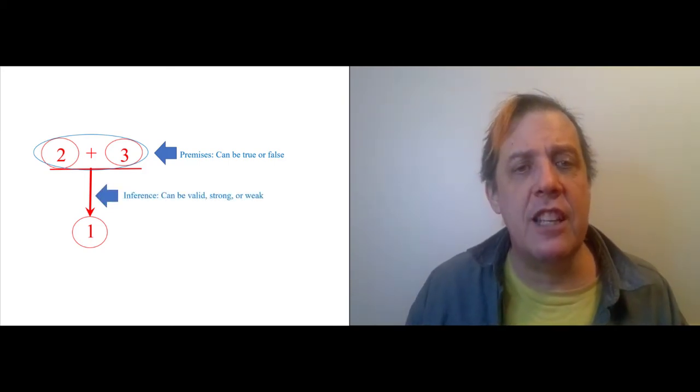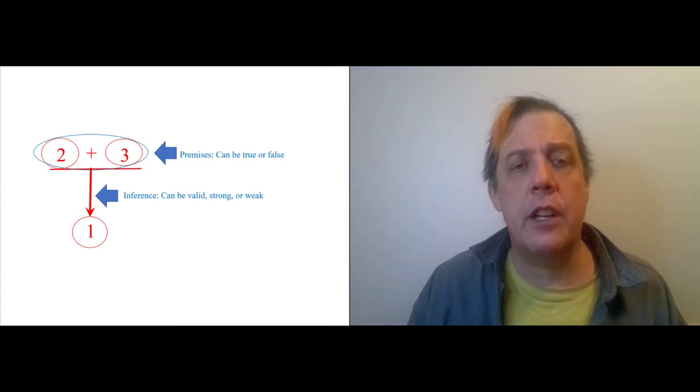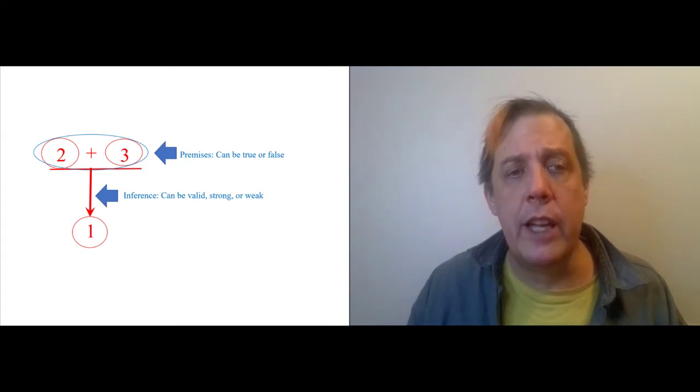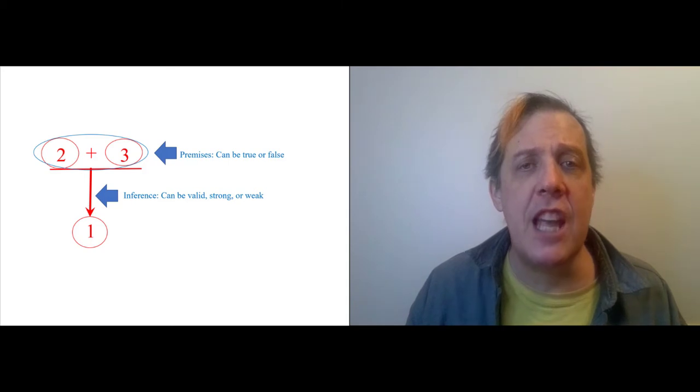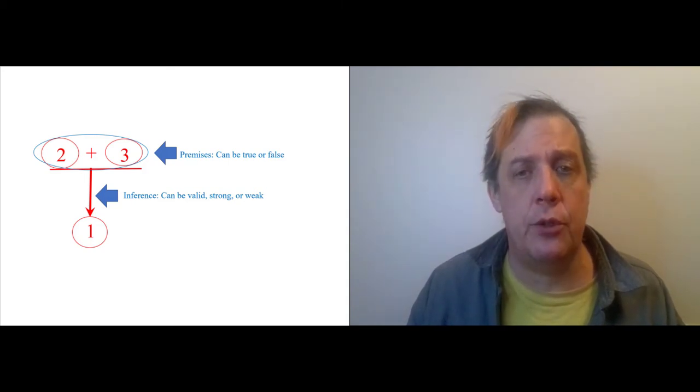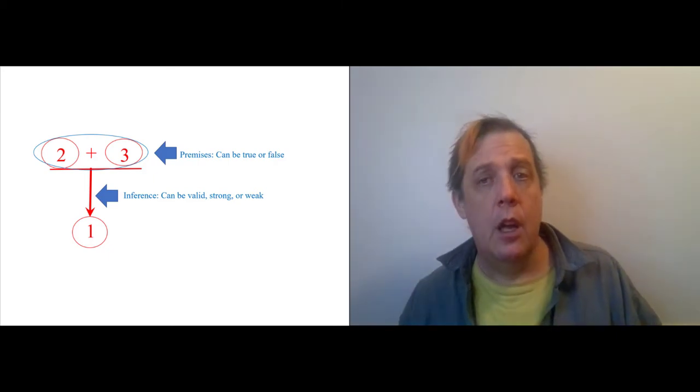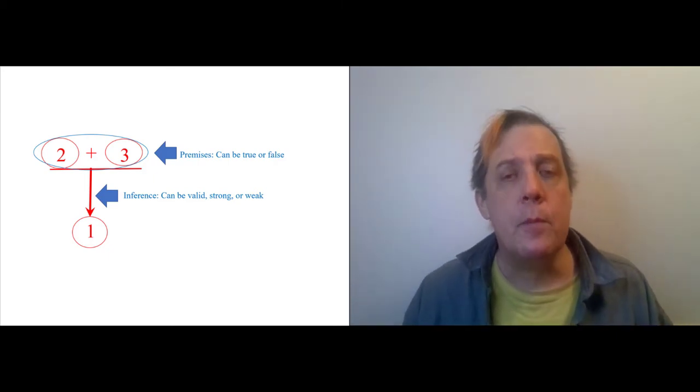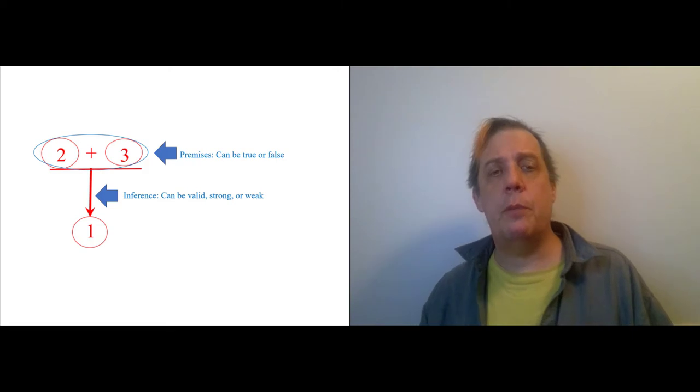If we want to check the inference to see whether it is valid, strong, or weak, we're really talking about the arrow that is going between the premises and the conclusion. All right? So now I want to introduce a new piece of notation.